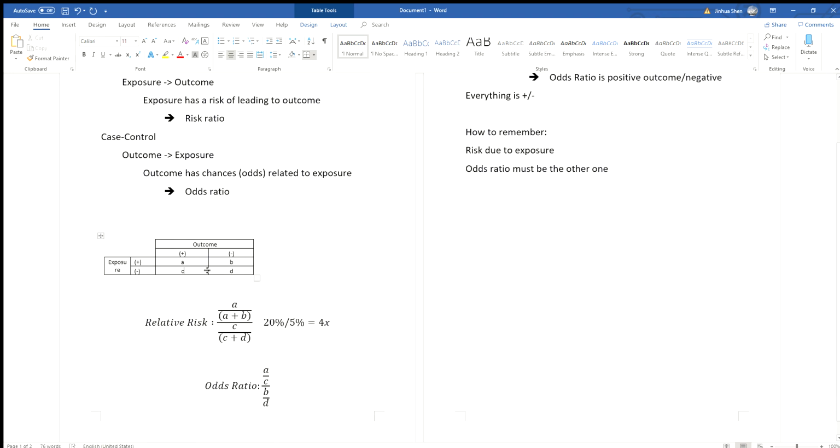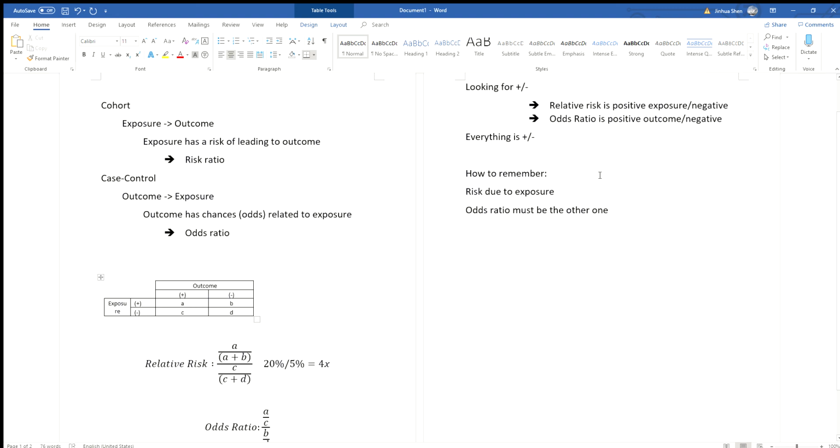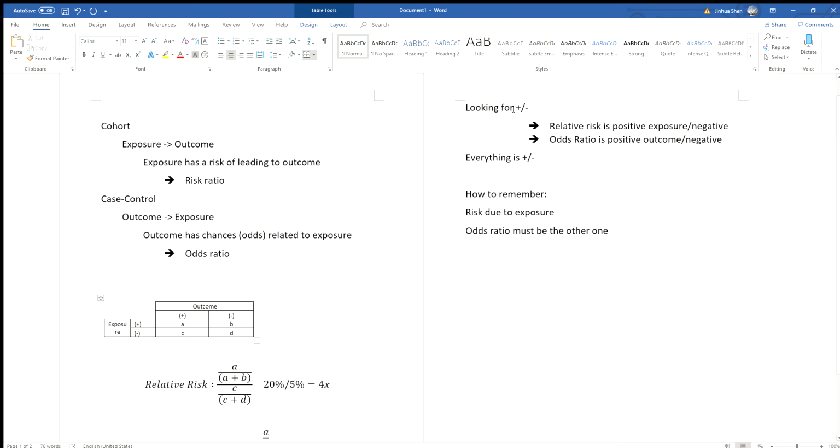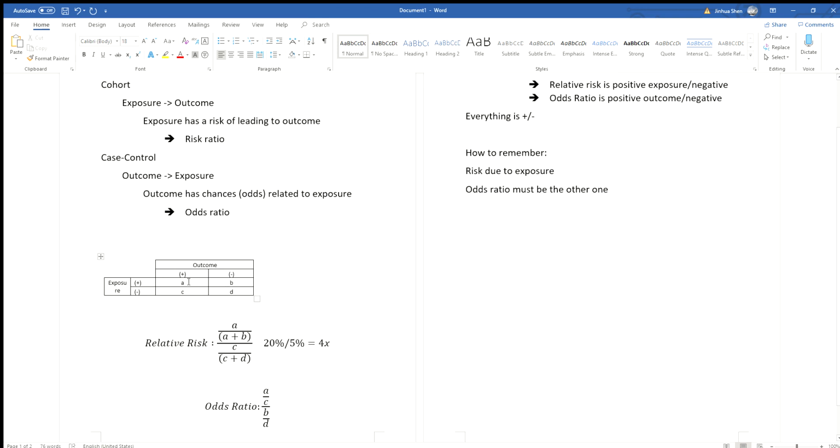So the positive outcome is A over C. And we remember everything is positive over negative, so it's A over C divided by B over D. It's the positive outcome divided by the negative outcome, and that would give you the odds ratio.